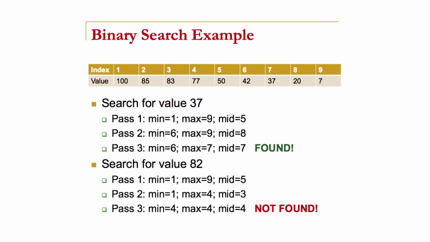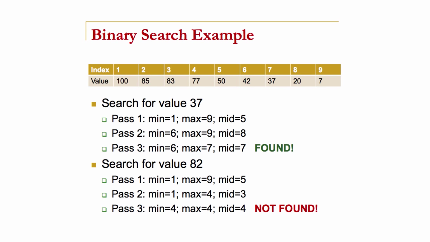I know that 37 is greater than 20. So if this number exists at all in the list, it must be to the left of index location 8, and it must be to the right of index location 6. So I then reset. The minimum would be 6, the maximum would be 7, and the middle of that, rounding up, would be 7.